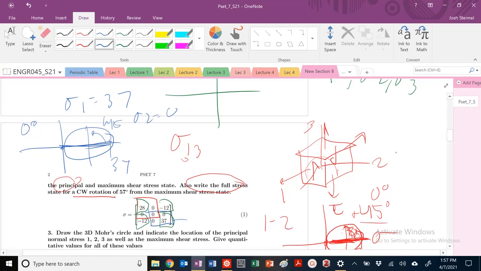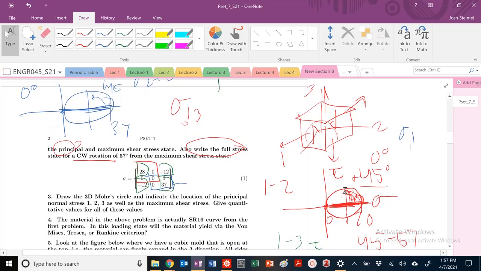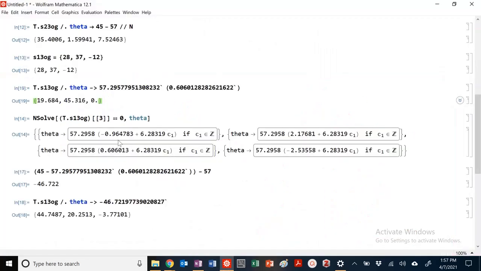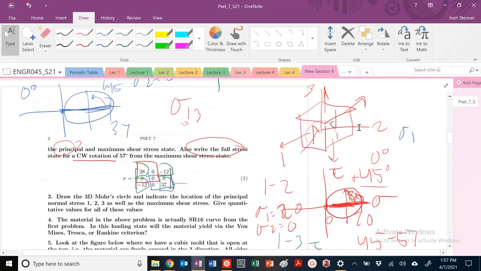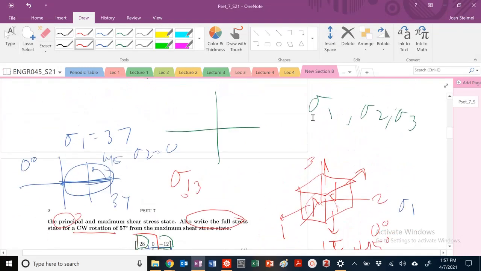For this plane right here, let's write it over here, my sigma 1 was equal to 28, and then my sigma 2 is equal to 0. So what was my largest sigma 1? 37, 28, or, let's go here, 45.36. So that's going to be my largest, that's going to be my sigma 1 value. So 45 point something.